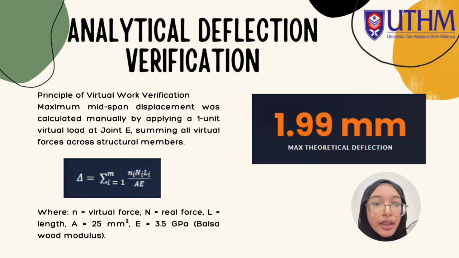In the formula, n represents the virtual force, capital N is the actual force, L is the member length, A is the cross-sectional area of 25 square millimeter, and E is the modulus of elasticity of balsa wood, which is 3.5 gigapascal. The calculated maximum theoretical deflection is 1.99 millimeter.